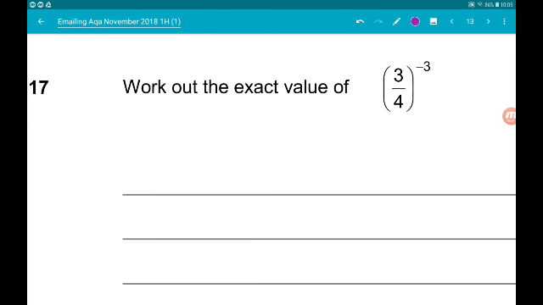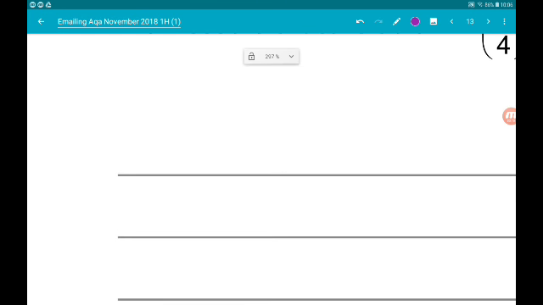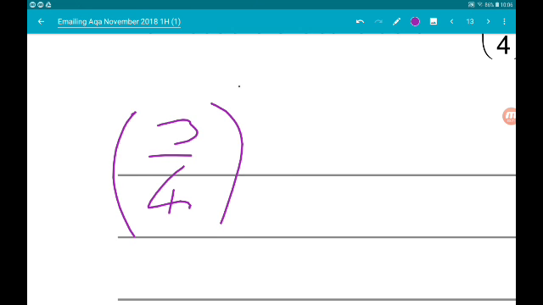Okay, question 17, indices again, so remember my playlist is down below. We want to work out the exact value of 3/4 to the minus 3. Okay, so first of all, if you set a fraction to a negative power, it flips the fraction over.